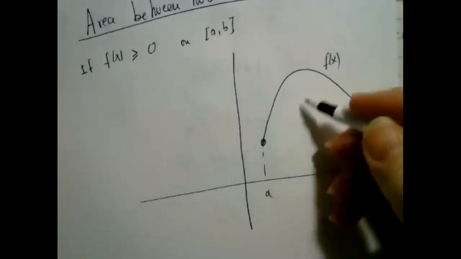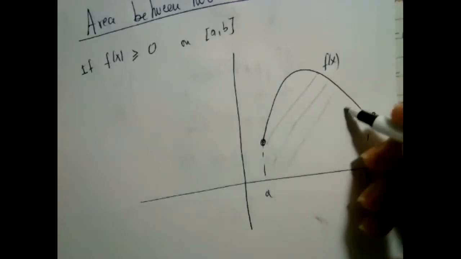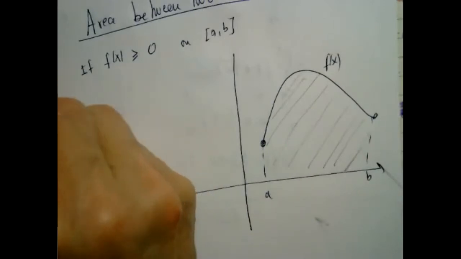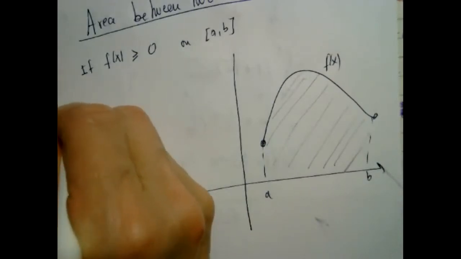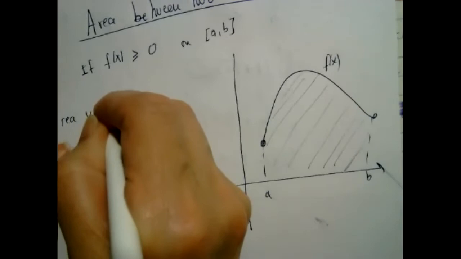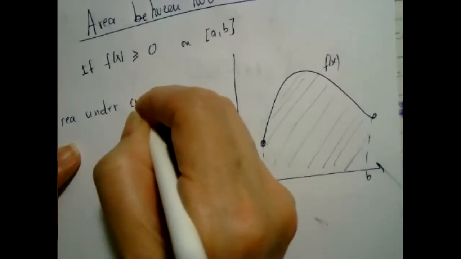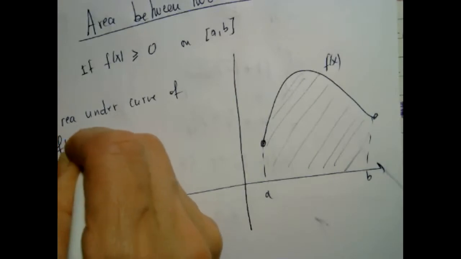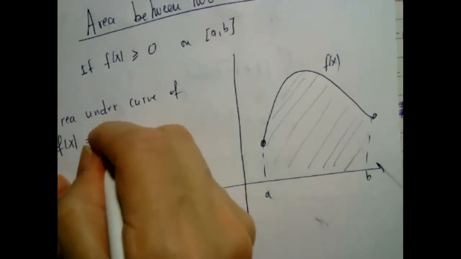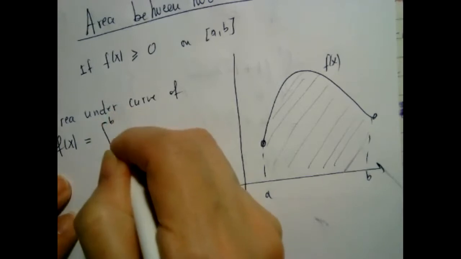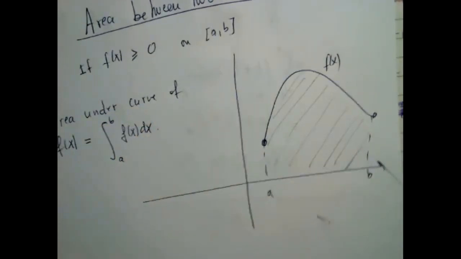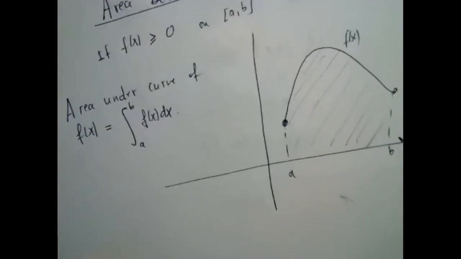So if my function f is positive, then the area under the curve of f of x is the integral from a to b of f of x dx. So the area under the curve is the integral.